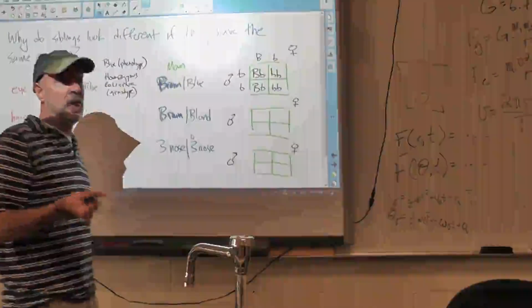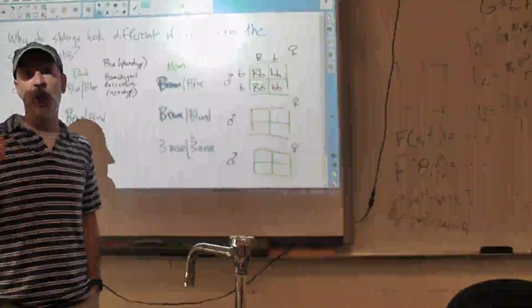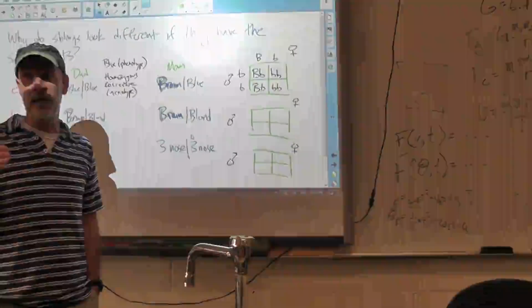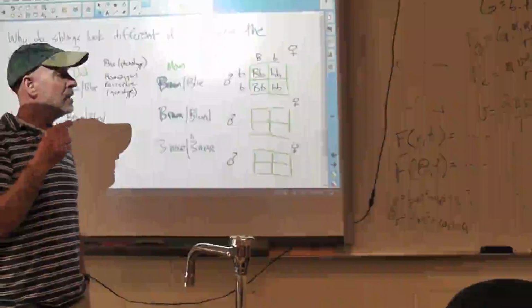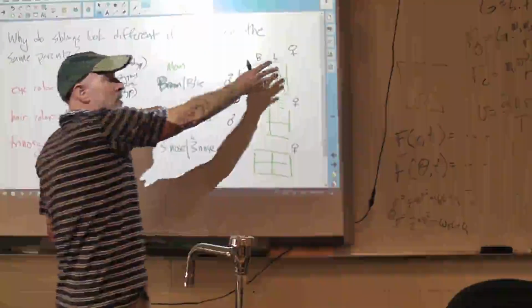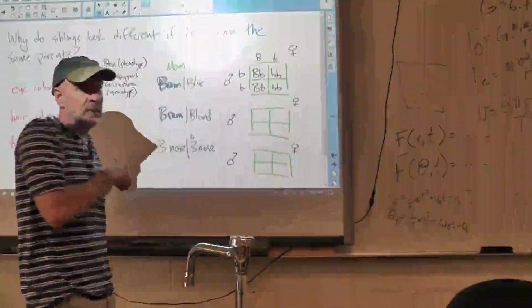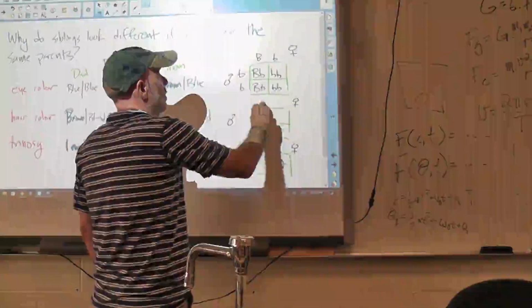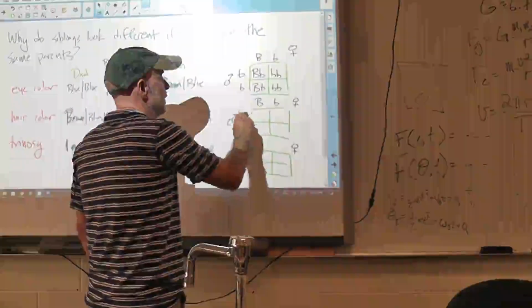We're going to have something similar. I'm going to use the same letter, and ideally you all would be able to understand how it is that these letters can be reused, because this is one gene. We're going to do the same thing for a different gene, but I can use the same letters. So both parents are heterozygous for hair color.